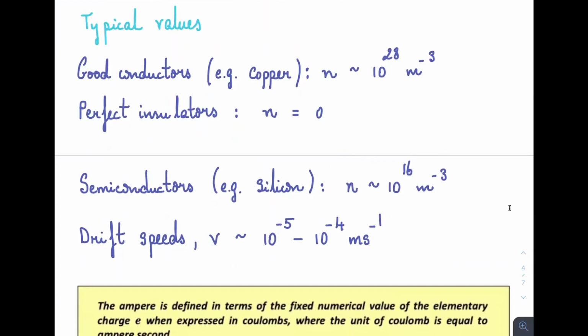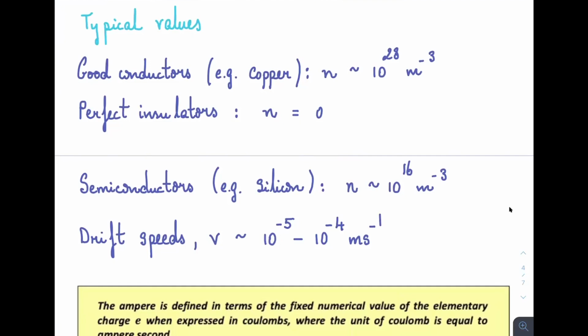Now, drift speeds are surprisingly small, of the order of 10 to the power of minus 5 to 10 to the minus 4 meters per second. So this means that electrons travel rather slowly in circuits. However, do not be misled, because free electrons are found at every point along a circuit, and hence, on applying a PD, they all start to drift immediately upon switching on, thus producing immediate current at every part of the circuit.